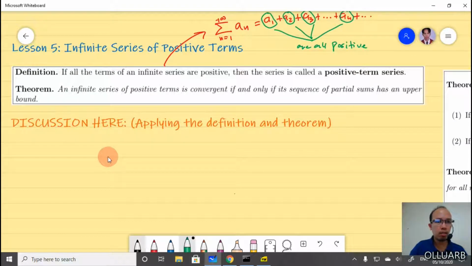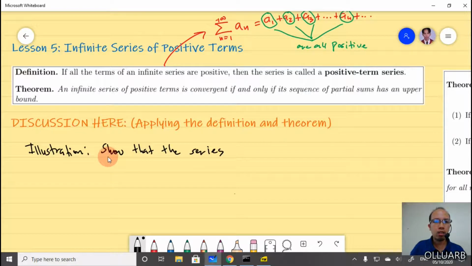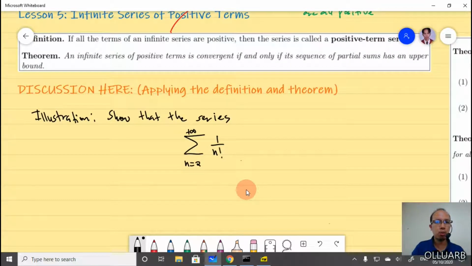Illustration: show that the series summation of 1 over n factorial, where n starts from 2, is convergent using the theorem.